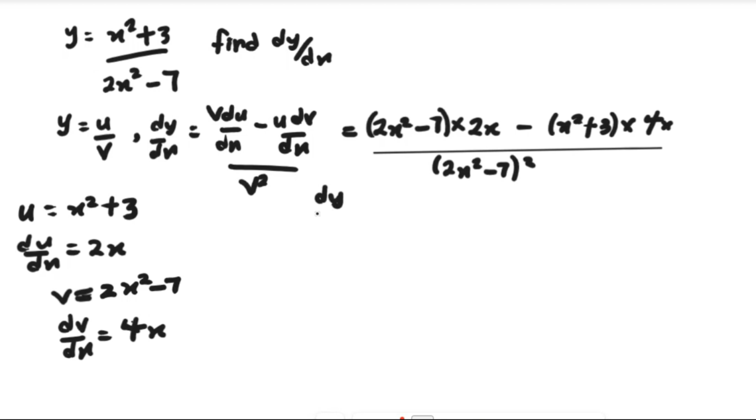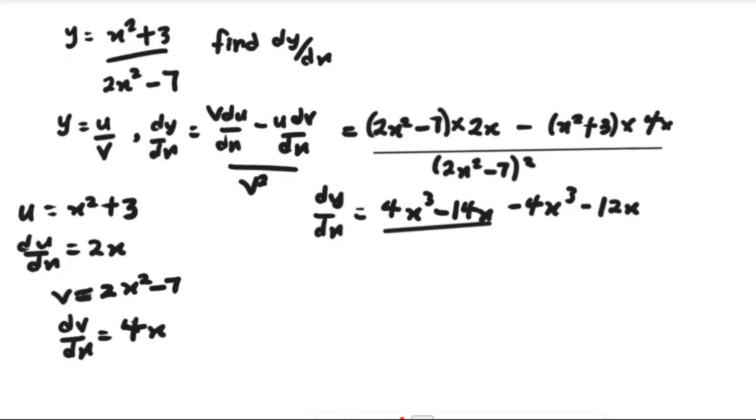So it means that dy/dx will give us 2x, and we use 2x to multiply the bracket here. 2x times 2x squared will give us 4x raised to the power 3 minus 14x. Here it's not just minus 1 we're going to use to multiply; we're going to use minus 1 times 4x, that's minus 4x, to multiply the bracket here. So minus 4x times x squared will give us minus 4x raised to the power 3, and minus 4x times 3 gives minus 12x.